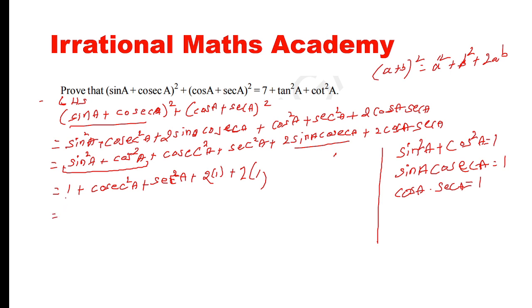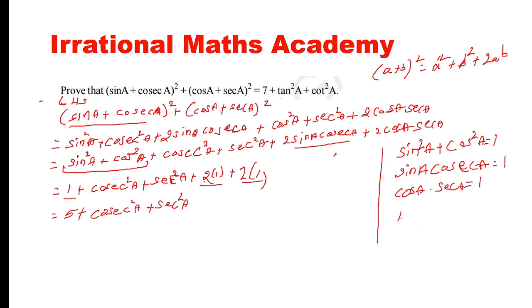So in total, if you observe here, 1, 2 into 1 2, and here 2 into 1 2. So what will we get here? 5 plus cosecant square A plus secant square A. But what do we need in the RHS? Tan, right?